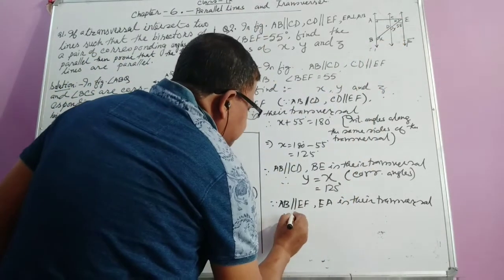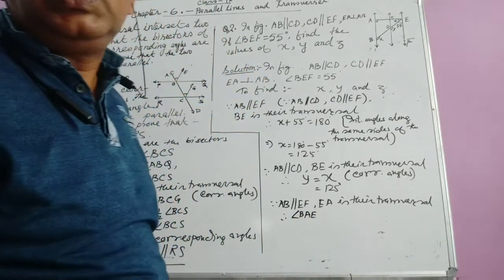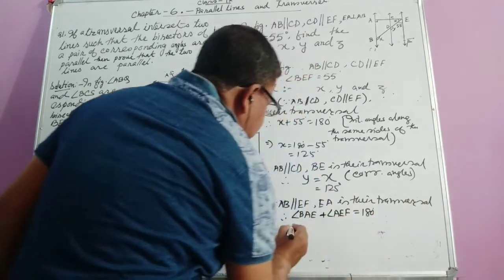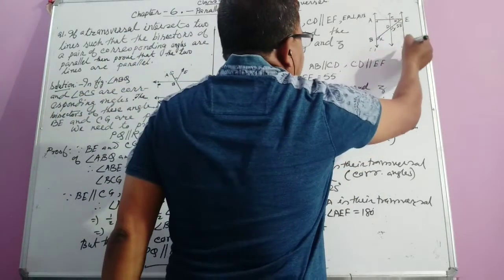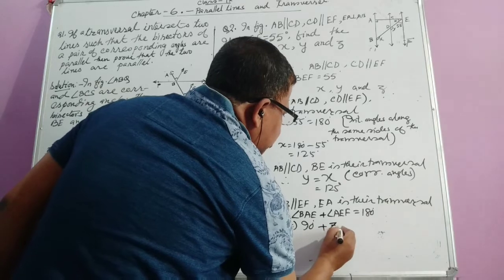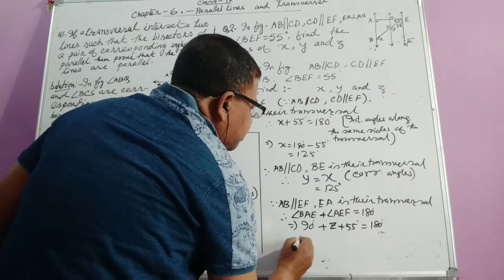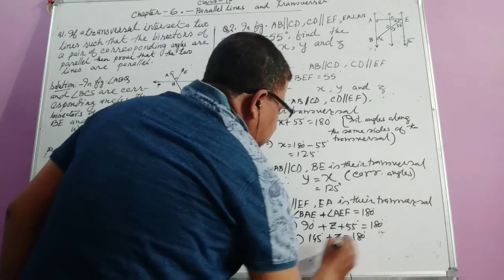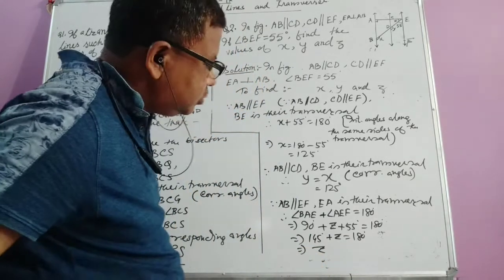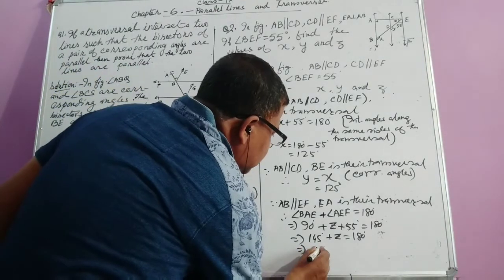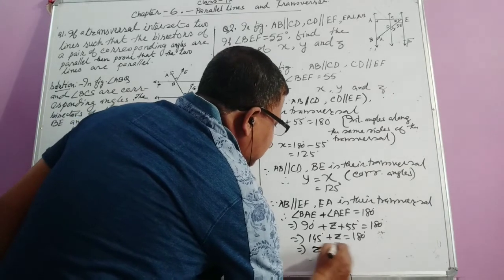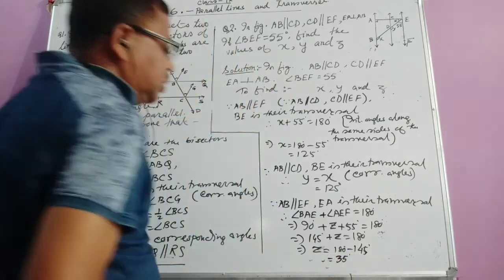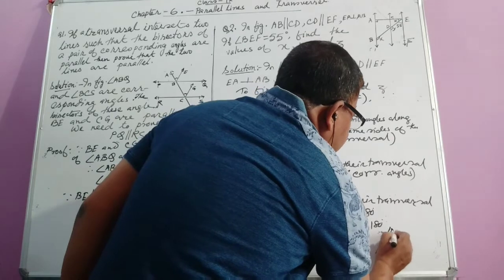Therefore, angle BAE plus angle AEF is equal to 180 degrees. Angle BAE is 90 degrees, and angle AEF is formed by Z and 55 degrees. So 90 plus Z plus 55 is equal to 180 degrees. The sum of 90 and 55 is 145 degrees, so Z is equal to 180 degrees minus 145 degrees, which is 35 degrees.